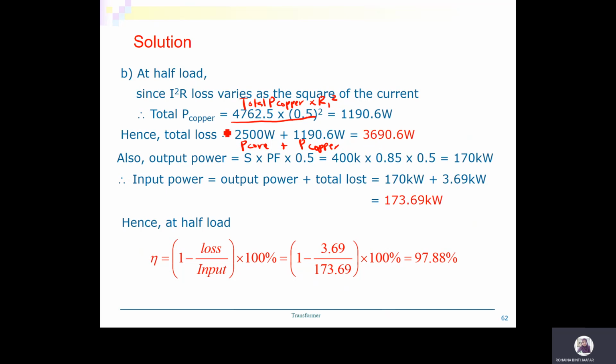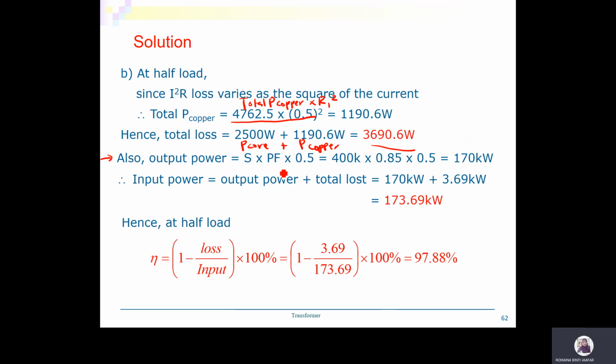P core is already given, which is 2500 watt, plus total copper 1190.6, you will get 3690.6.